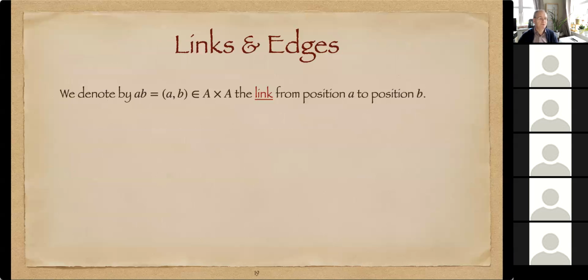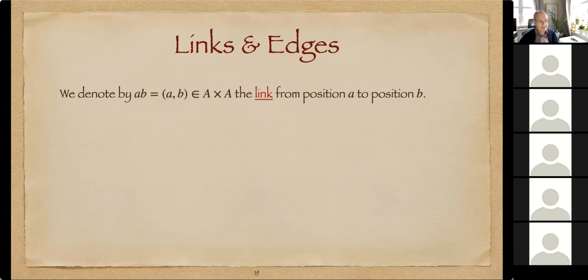The second element of the network is this link. I will distinguish directed links from undirected links. The word link is always used for a directed relationship.